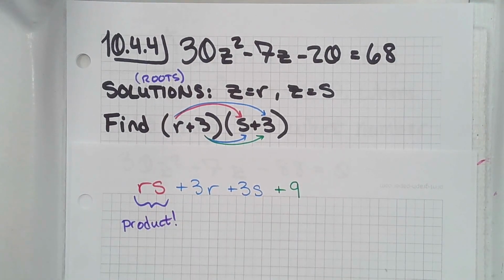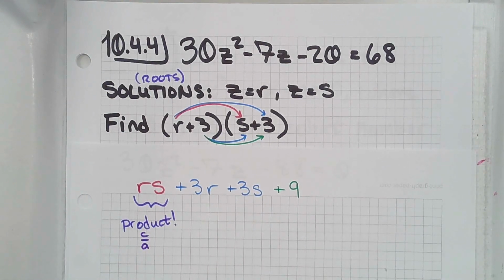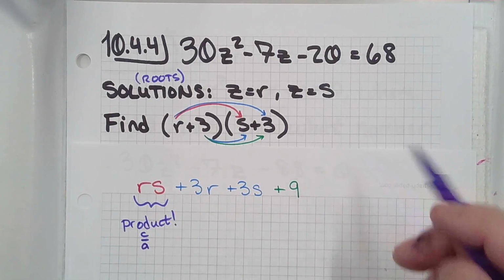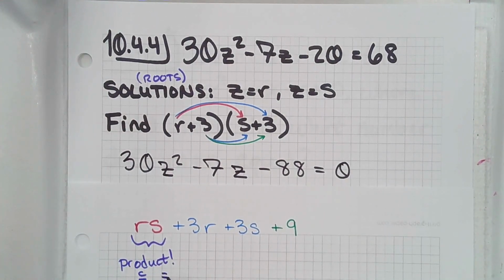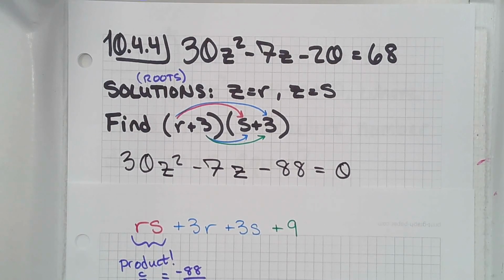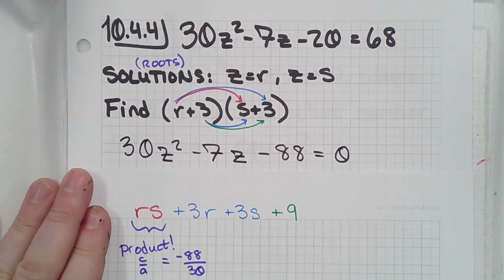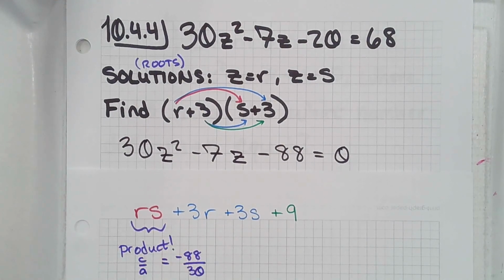And we know the product always equals C over A. And we know what C is. C is negative 88. And we know what A is. It's 30. So we know this is negative 88 over 30. That RS part right there must be negative 88 over 30.